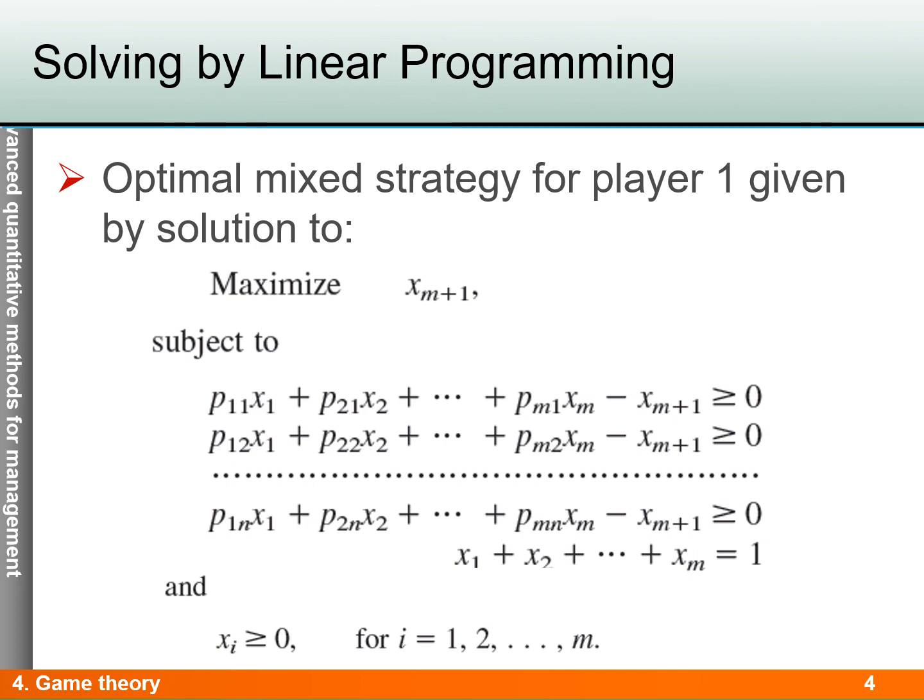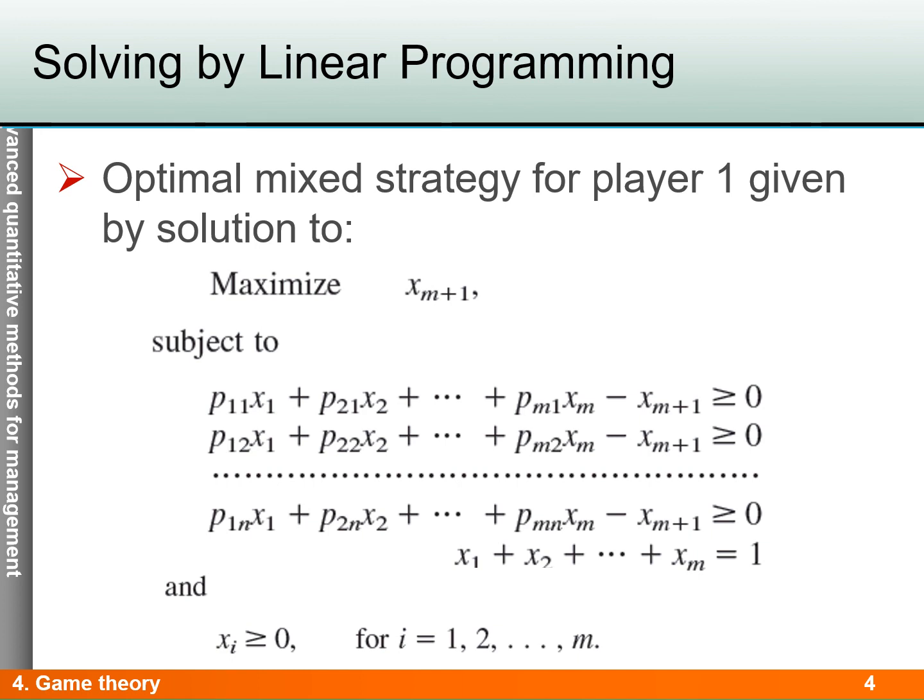What was that item? Duality. So the formulation of player 1 is the dual of player 2, obviously, because both of them give us the same value of the game.